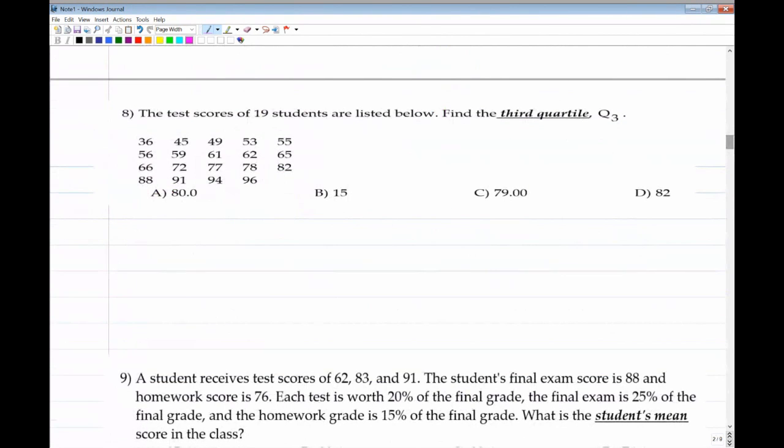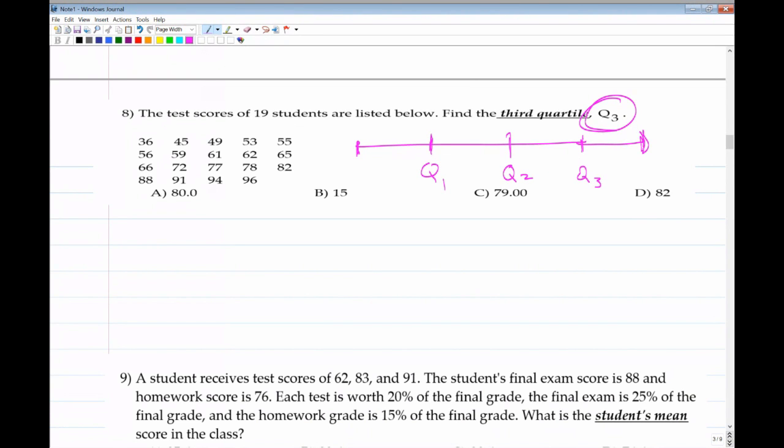Now we move to the next problem. You have a list right here, and the question is to find the third quartile. According to our setting, when you have a set like this one, this will be your Q1, this will be your Q2, this will be your Q3.